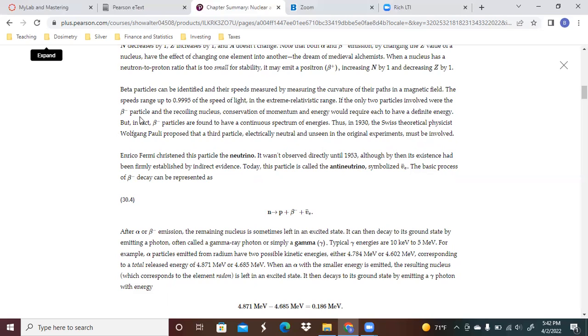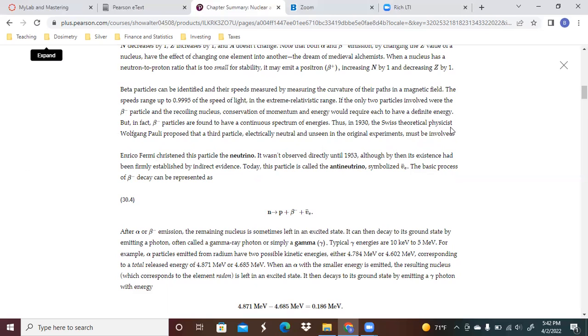Now, if only two particles were involved, the beta particle and the recoiling nucleus, conservation of momentum and energy would require each to have a definite energy. But the beta minus particles are found to have a continuous spectrum.